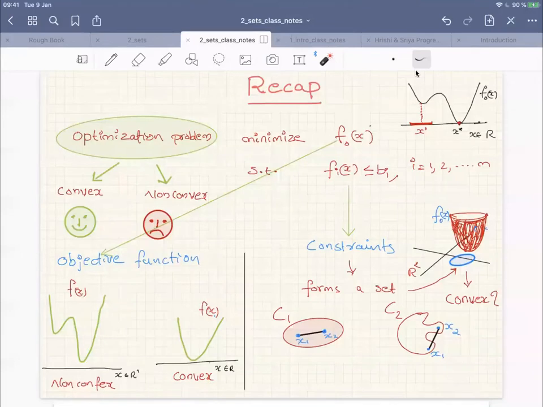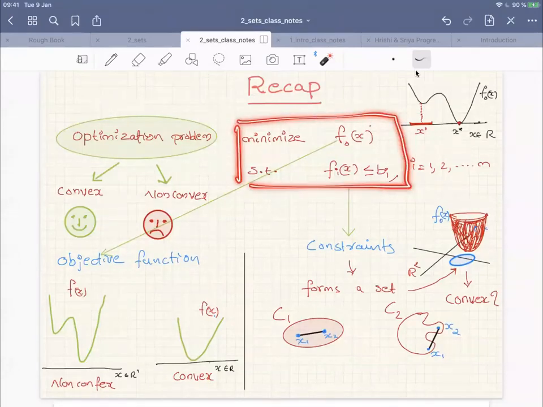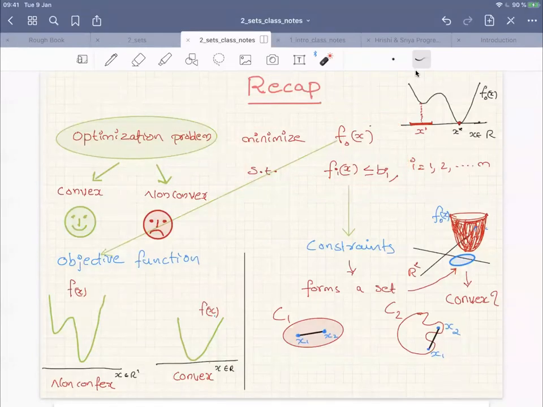We also saw that, given an optimization problem, it is not guaranteed that in general we can solve it. Some problems can be solved, while others are very difficult to solve, or cannot be solved at all.